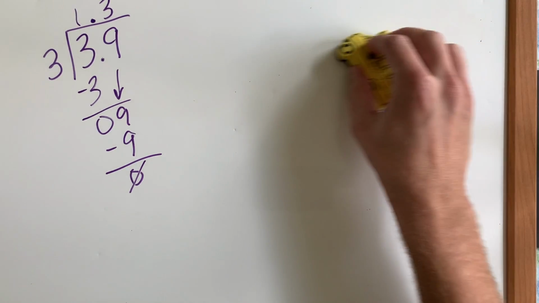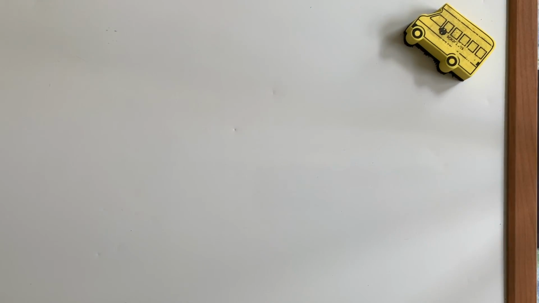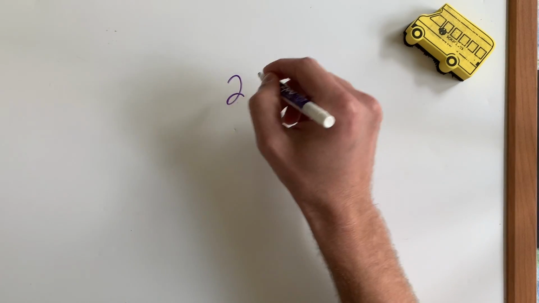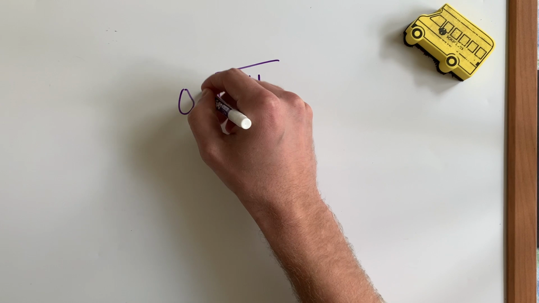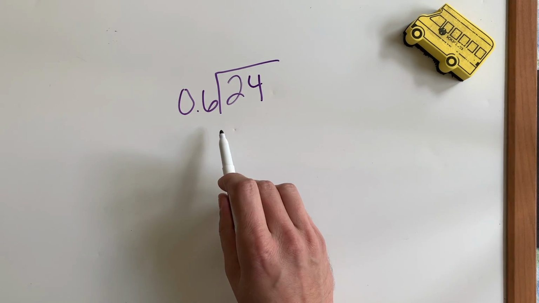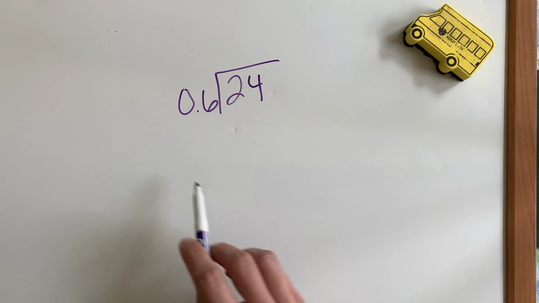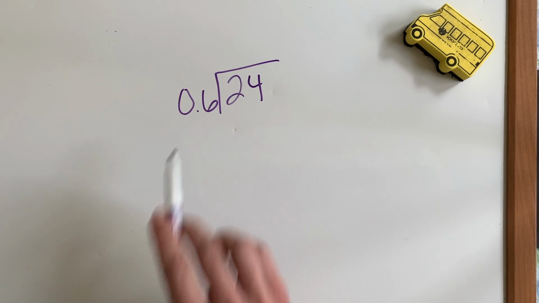Moving into the second example, what happens this time if we have a decimal on the outside? 24 divided by 0.6. Well, this is a little bit more difficult to think through because most people are not comfortable with dividing by partials.